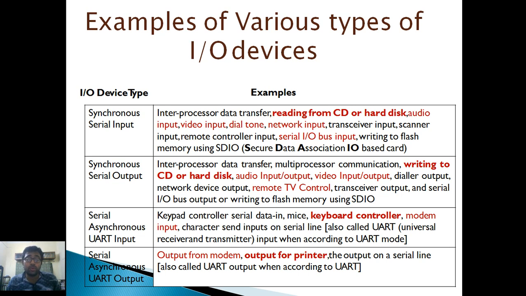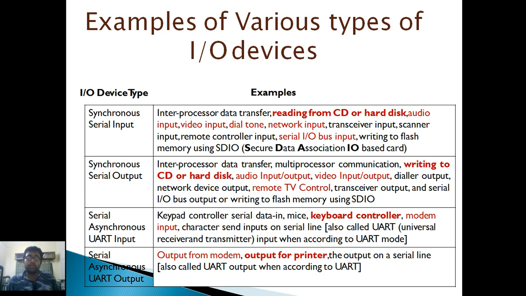Serial asynchronous UART input: keypad controller, serial data in, mouse, keyboard controller, modem input, character send inputs on serial line, also called UART, universal asynchronous receiver and transmitter input when according to UART mode. Serial asynchronous UART output: output from modem, output for printer, the output on a serial line, also called UART output.